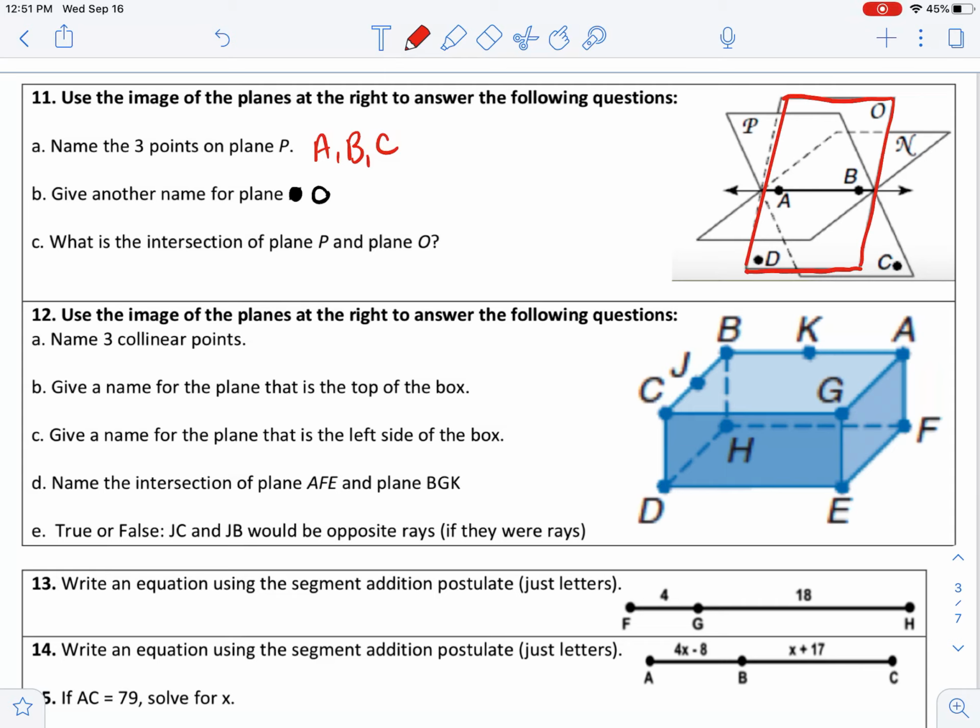So if I'm naming a plane, I need 3 non-collinear points. And that just means 3 points that are not on the same line. So non-collinear, not on the same line.